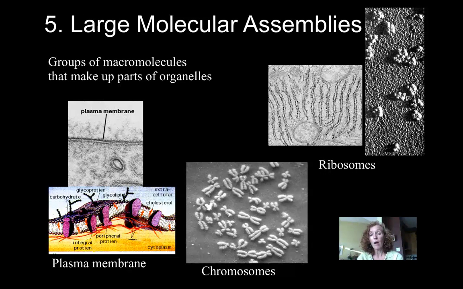Chromosomes that are found in the nucleus are basically made up of DNA that is wrapped around big proteins called histone proteins. And ribosomes, which are around the endoplasmic reticulum there, the rough ER, those are little factories for making proteins, and there are hundreds and thousands of them in each cell.